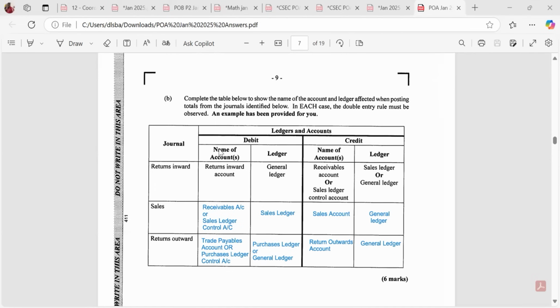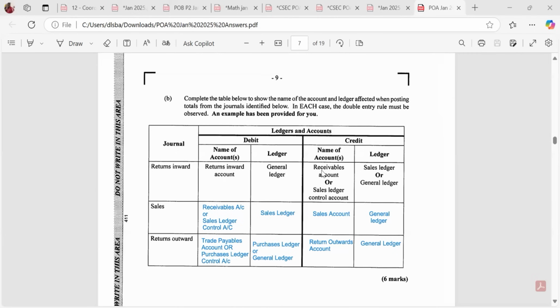And they did one first. So when you transfer to return inwards account from your return inwards journal, you would debit your return inwards account. You'll remember when to debit and when to credit. PRIDE: purchases, return inwards, drawings, expenses are always debited. Your return inwards account will be debited.